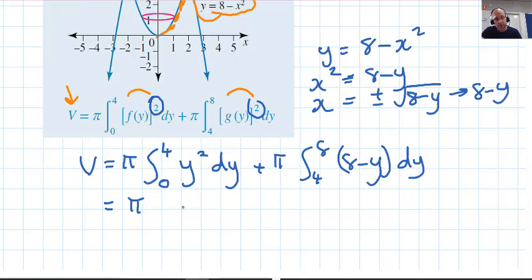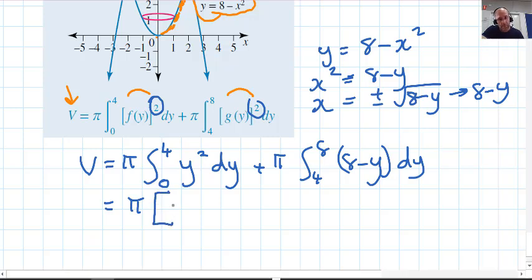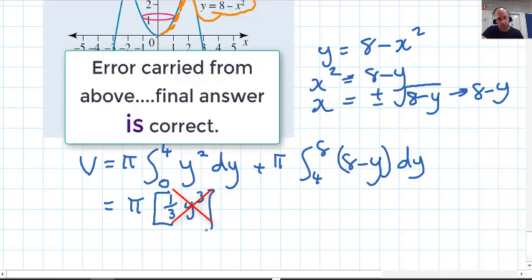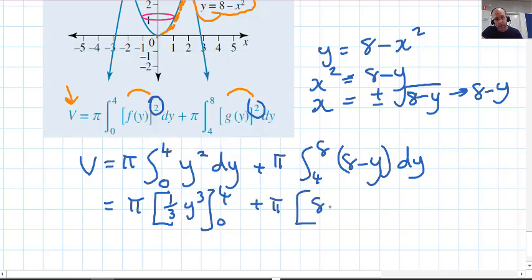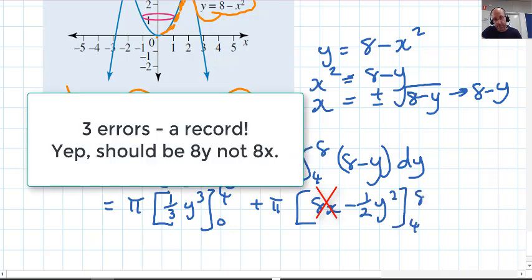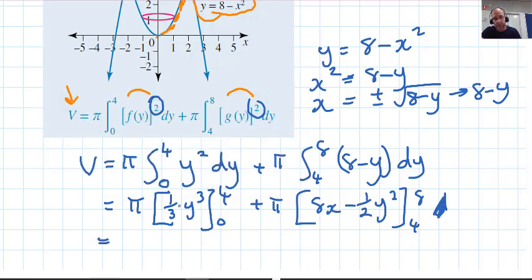So we've got a third y cubed between 0 and 4. It's 8y minus a half y squared between 4 and 8. Evaluating that now, we get 16 pi cubic units.